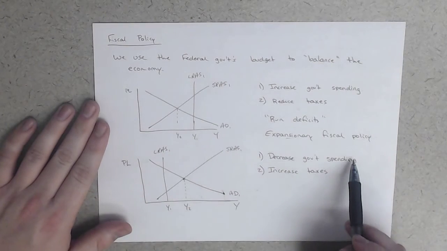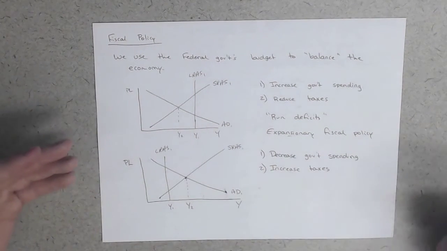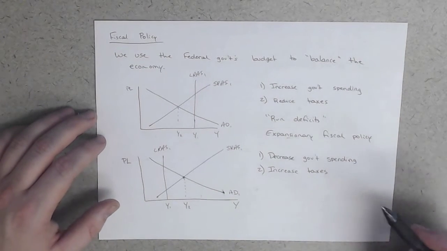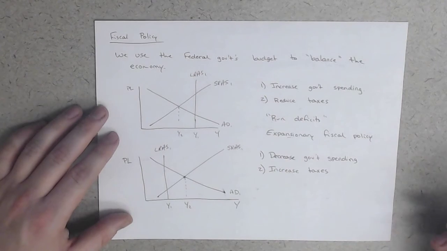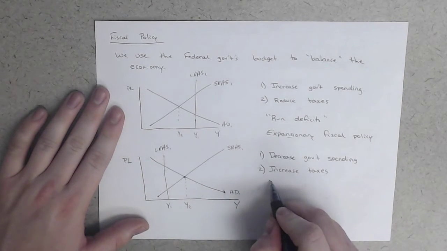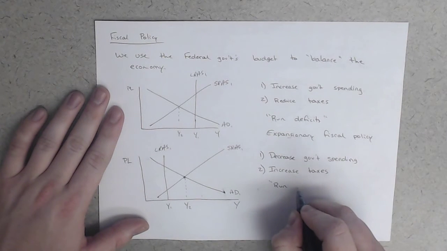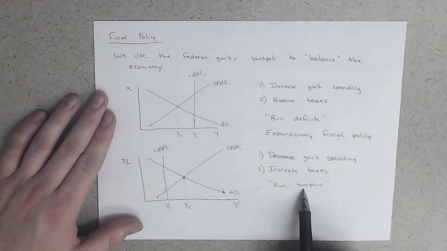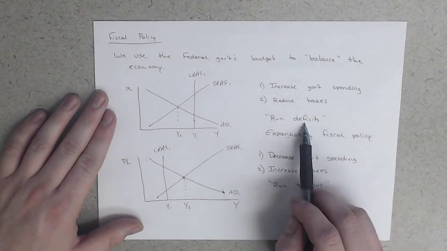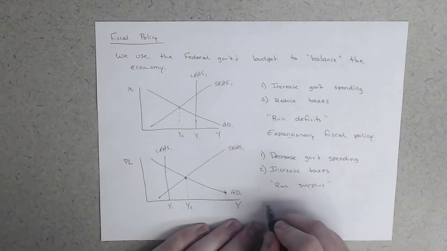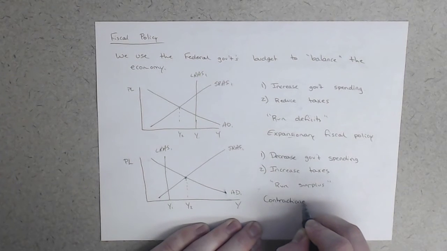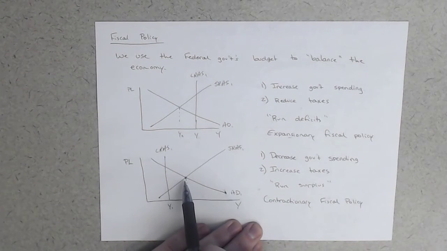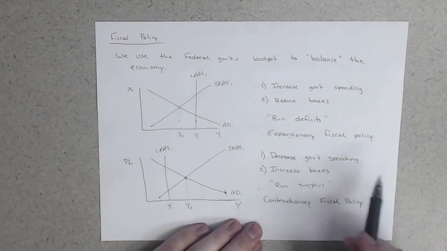By decreasing government spending, we will reduce aggregate demand because there will be less spending going on. At the same time, if we increase taxes, that takes more money out of people's paychecks and results in them consuming less. Both of these will reduce aggregate demand. Just like above, this is tantamount to running a surplus. So in boom periods, we want to run a surplus, and in bust periods, we want to run deficits. We call these contractionary fiscal policy. Contractionary because it's designed to reduce aggregate demand, and fiscal policy because we're using the federal government's budget.